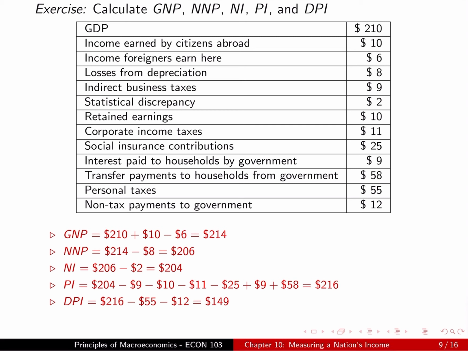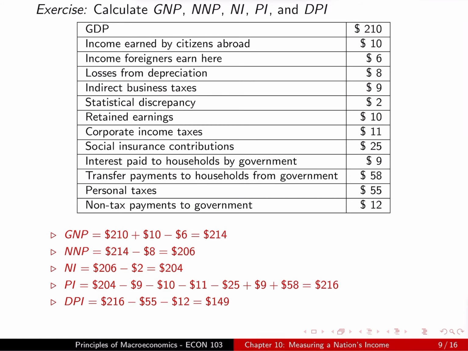Net National Product, NNP. NNP equals GNP minus depreciation equals $214 minus $8 equals $206. Step 3. National Income, NI. NI equals NNP minus statistical discrepancy equals $206 minus $2 equals $204.